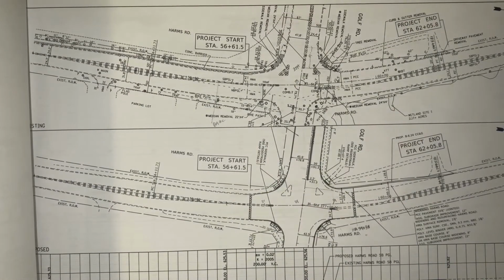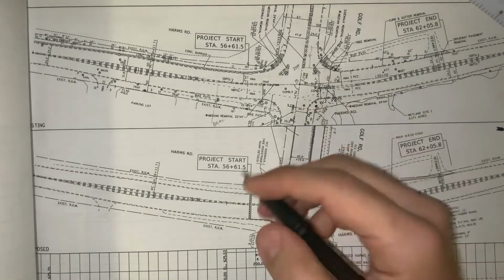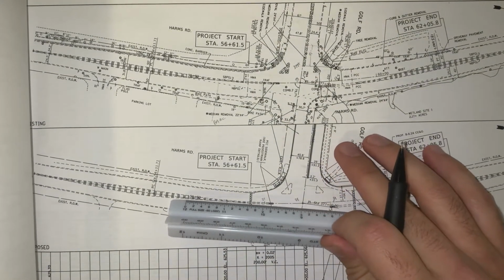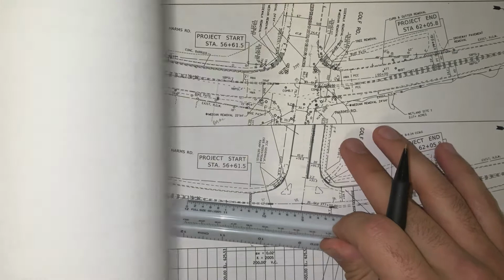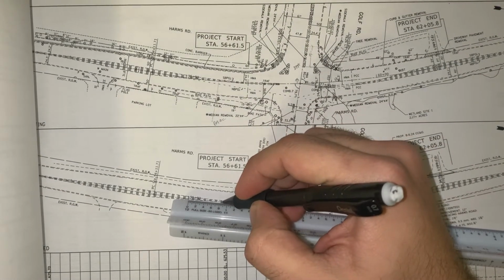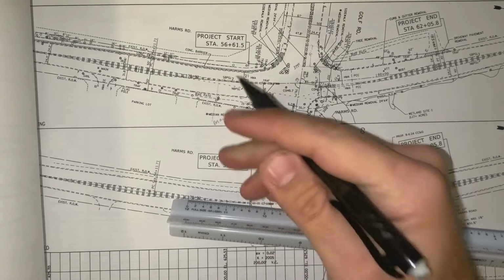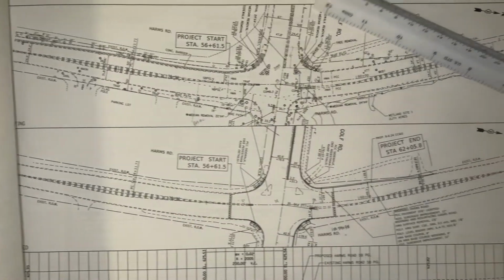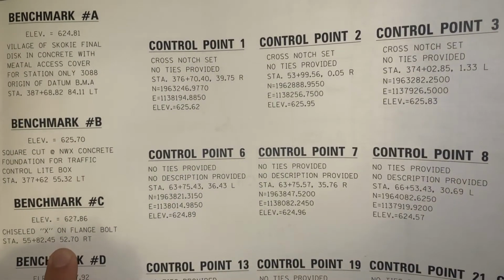This is where it would be. We can use a scale here too. So 55 plus 82.45, it's around here, 82. And then northward is going this way. So it's indicating 52.70 right.